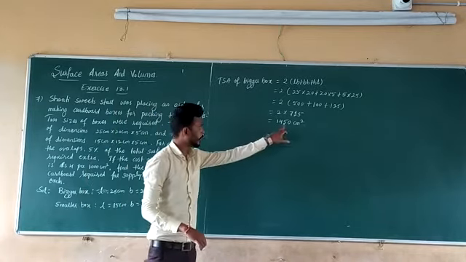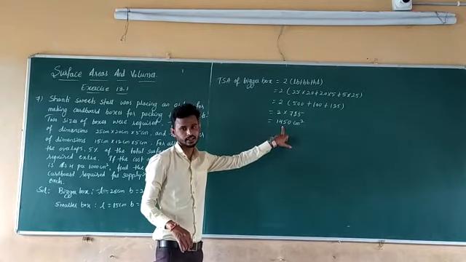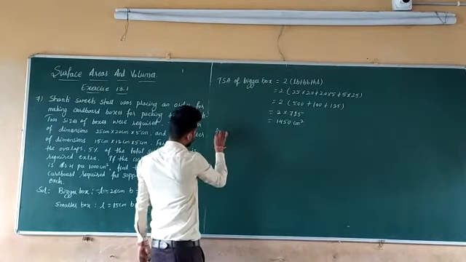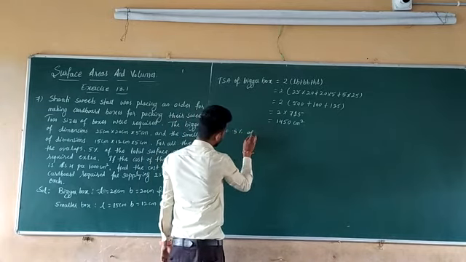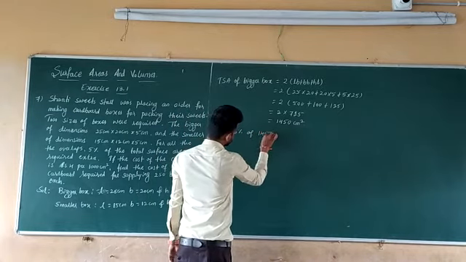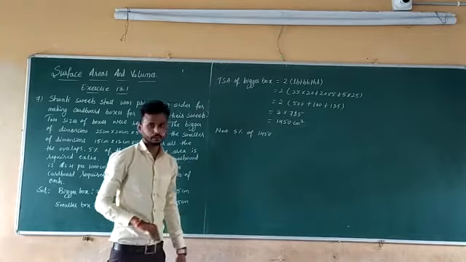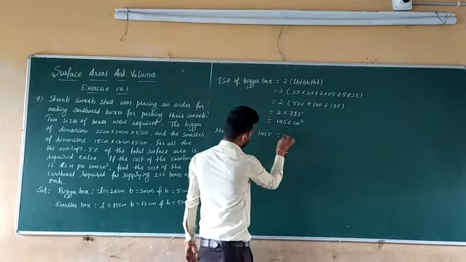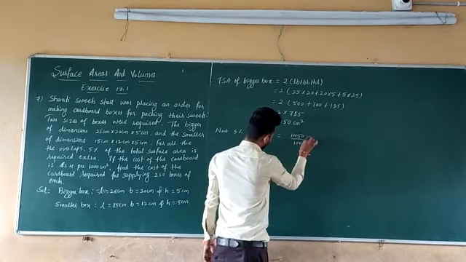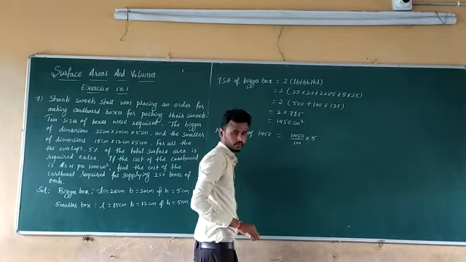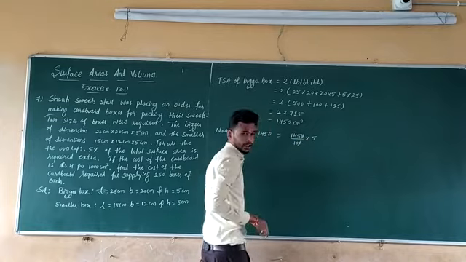Now let us find 5% of this TSA. 5% of 1450, which is equal to 1450 divided by 100 into 5. So here 10 and 10 get cancelled.